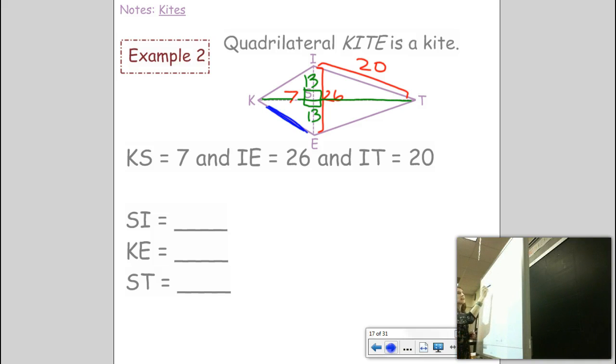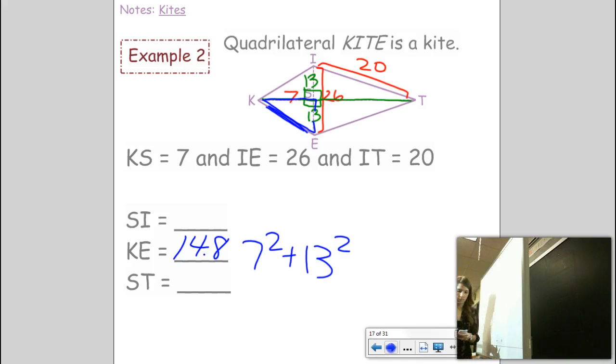I did tell you we're going to use the Pythagorean theorem. Tell me what to write. Very good. 7 squared plus 13 squared, guys. Is it a perfect square? Do you get a whole number? No. So not a whole number. 14.76. 14.8. That sounds good.